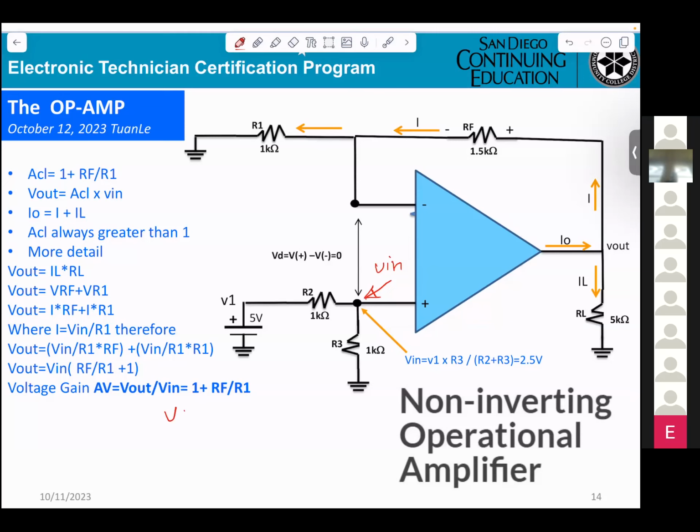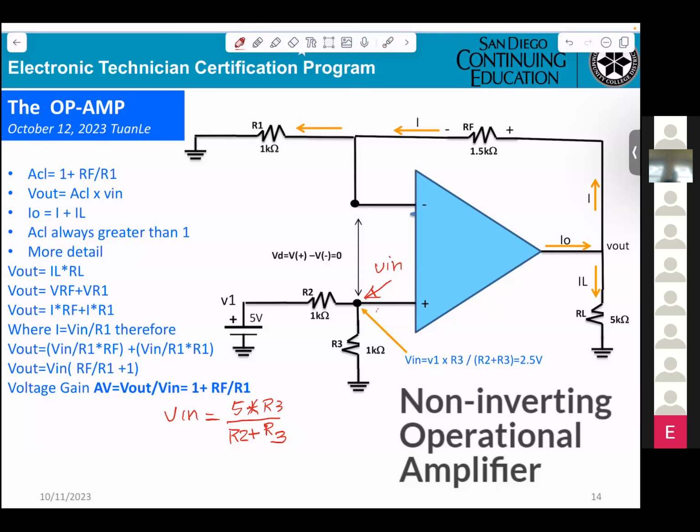So V in equals 5 times R3 divided by R2 plus R3. Okay? So they already explained to you here. V in equals V1 times R3 divided by R2 plus R3, 2.5 volt.